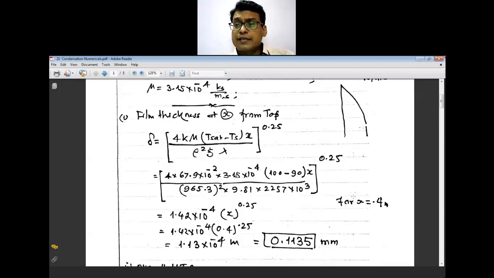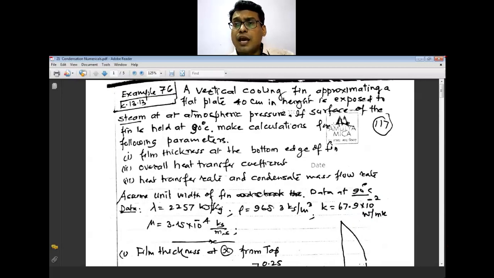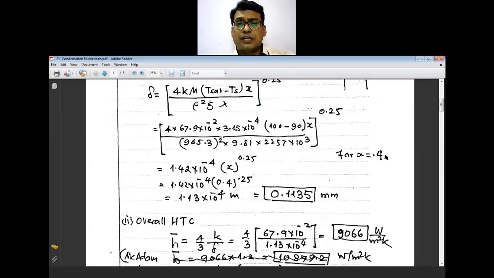So for x equal to 0.4 meter, since it is approximating a flat plate of 40 centimeter in height, we are calculating this at the bottommost part, the maximum film thickness. Finally you will get the maximum film thickness as 0.1135 millimeters.